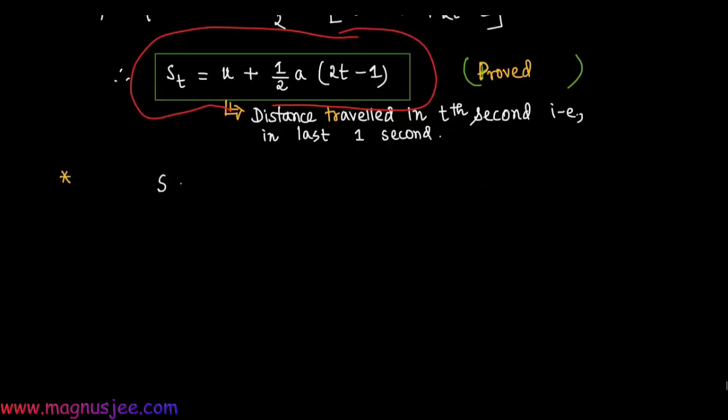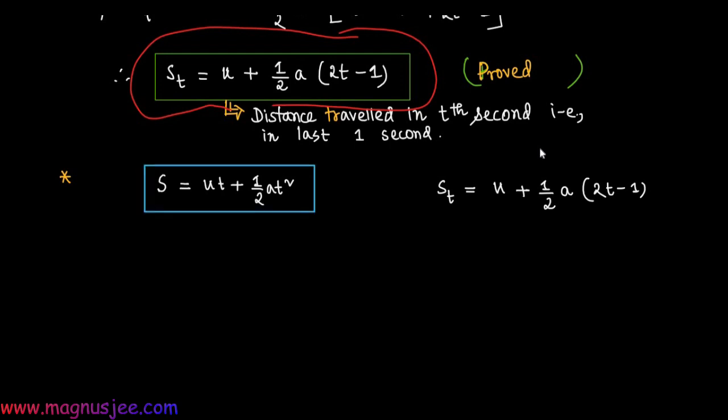Now we can compare the expression of distance traveled by the body in t second and the distance traveled in the tth second. S equal to ut plus half a t square is the distance traveled by the body in total t second.